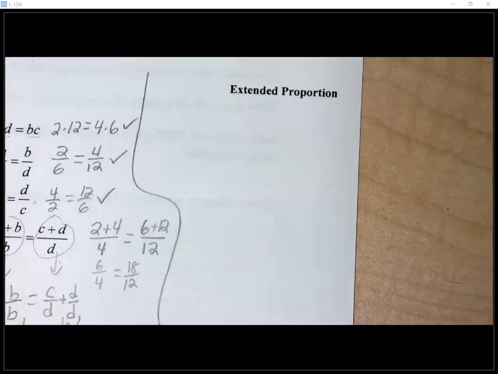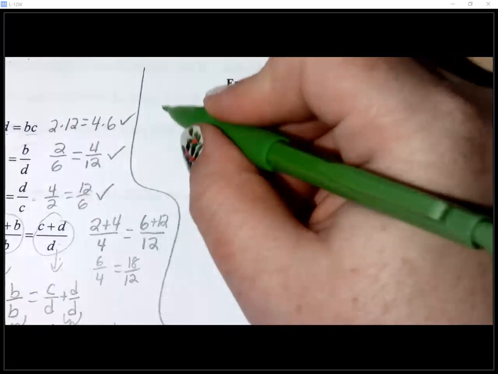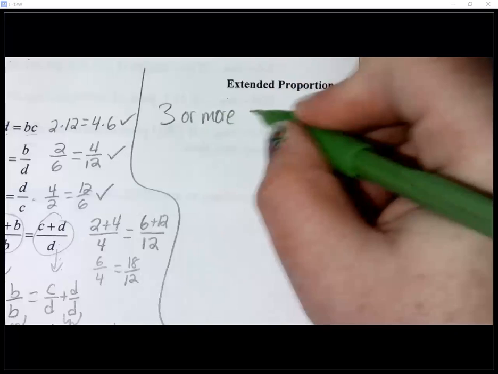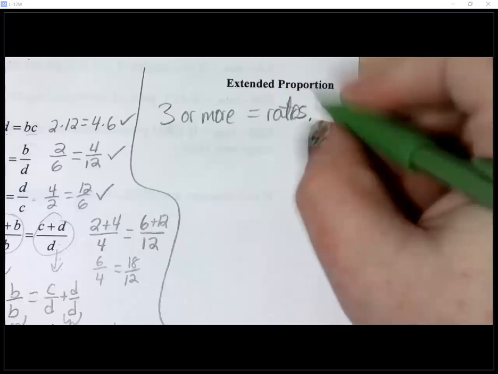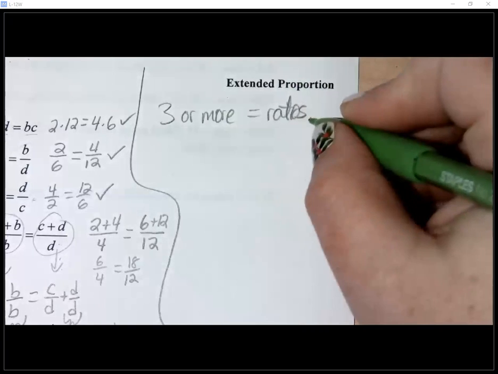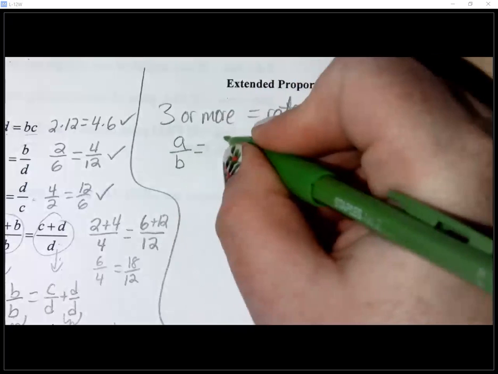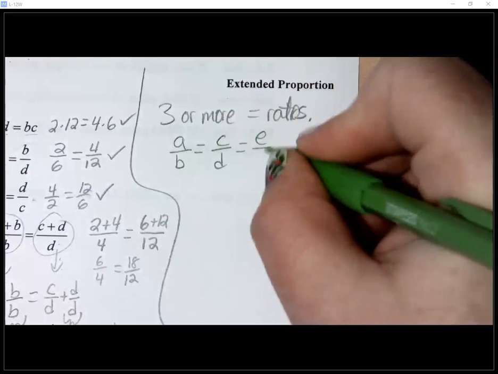Here we're talking about 3 or more equal ratios. So for example, if A over B is equal to C over D, which is equal to E over F, and you can keep going if you want.